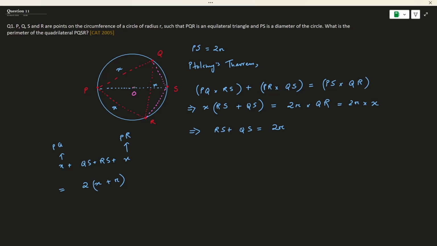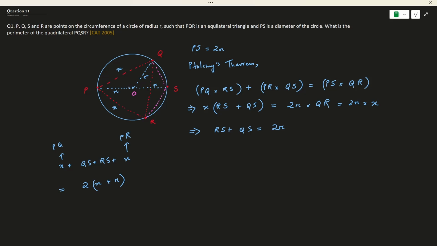Let me join this O and Q. From O to P, the length will be R, and from O to Q also, the length will be R, the radius. OP is the radius of the circle. Similarly, OQ is also the radius of the circle.